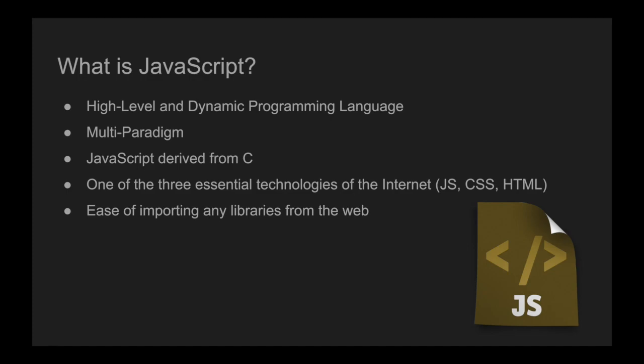It's a multi-paradigm language that supports object-oriented programming, imperative programming, and functional programming. We want to make sure that people understand that JavaScript should not be misconstrued with Java. Both have very different semantics. A little fun fact about JavaScript: it was developed in just 10 days, about 20 years ago, by Brendan Eich.